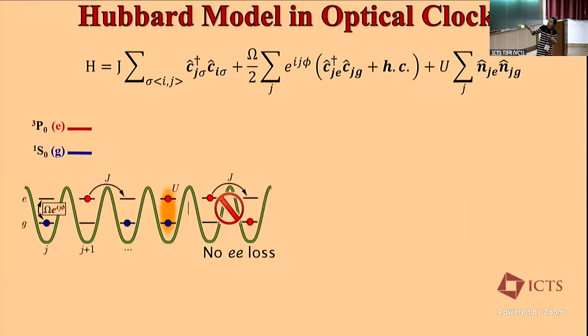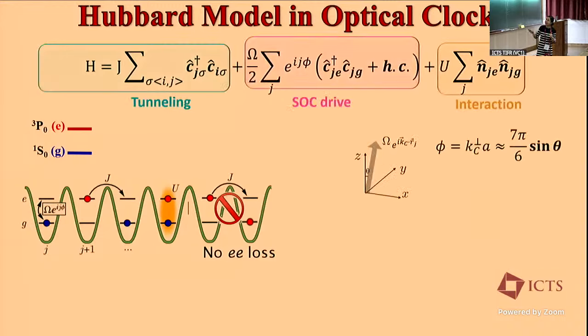But in addition, we are going to have a spin-orbit coupling when we drive the clock from the ground to the excited state. The advantage now is that, in contrast to the 1D lattice, where the spin-orbit coupling was detrimental, in the 3D lattice we are able to orient the clock laser in very different directions.